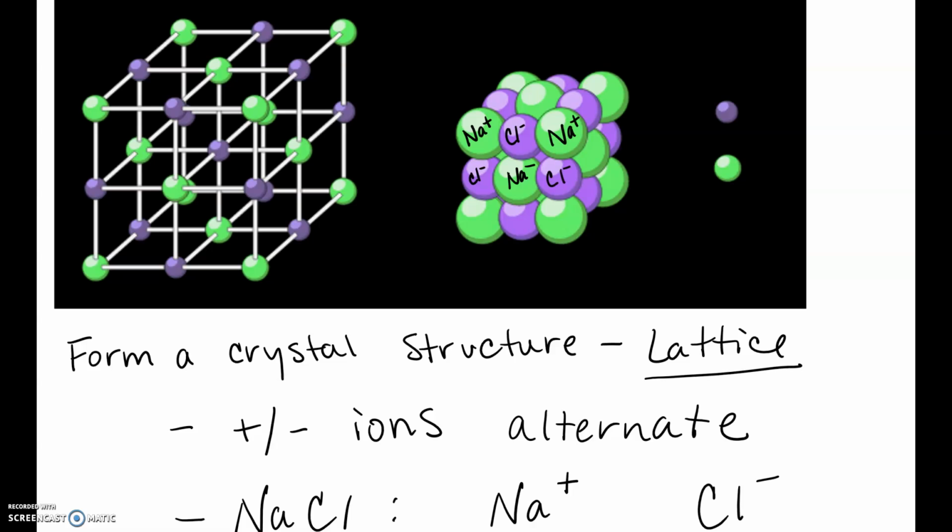So it creates this lattice structure. Notice there's alternating ions here. So there's plus, minus, plus, minus, plus, minus, and so on and so forth.